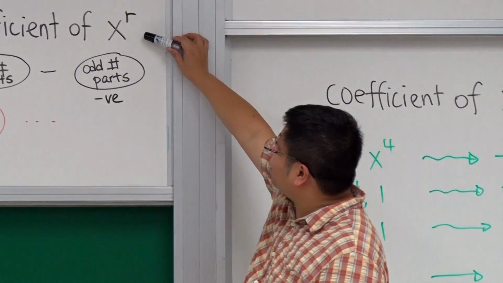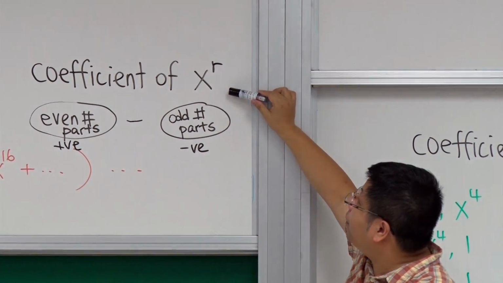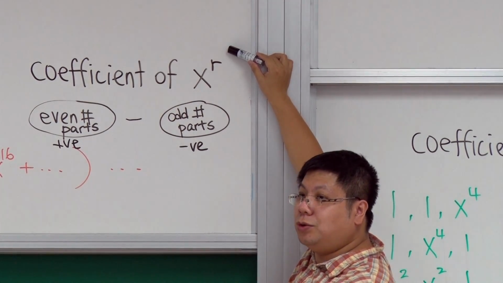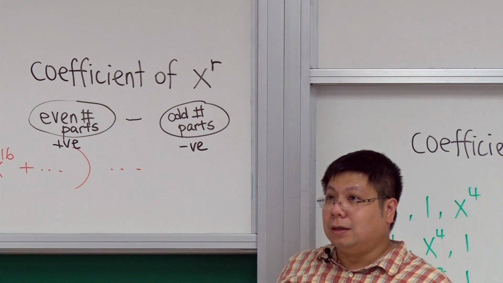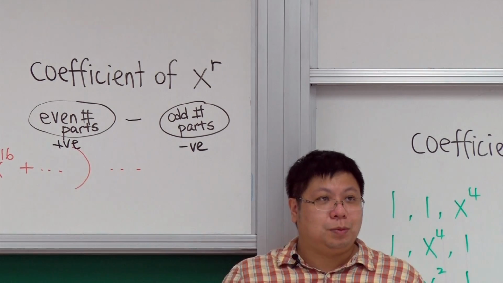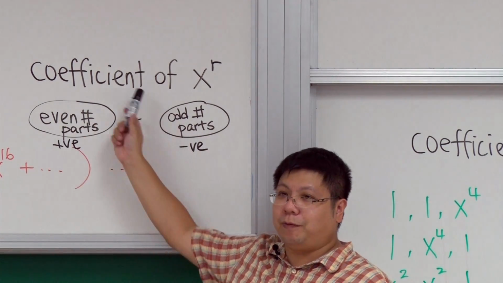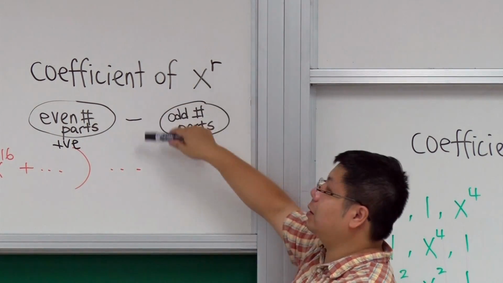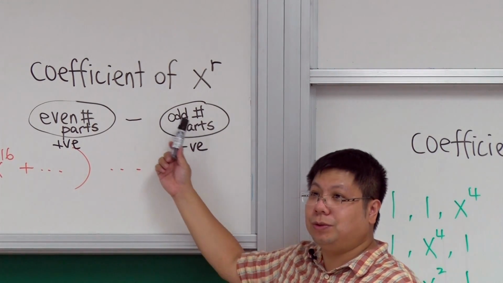So the coefficient of x to the power r is what? It is the number of ways to partition r into a sum of powers of 2. The number of ways, such that we differentiate the ways into 2 different groups. One is the number of partitions that has an even number of parts, and the other is the number of partitions that has an odd number of parts. And it turns out that the coefficient is the difference of these 2.